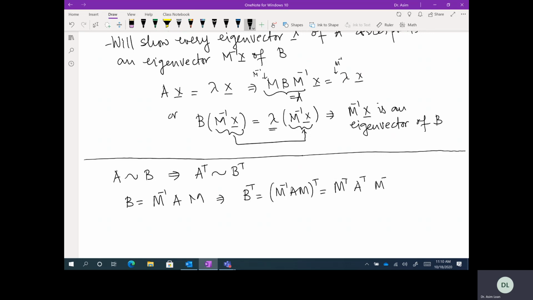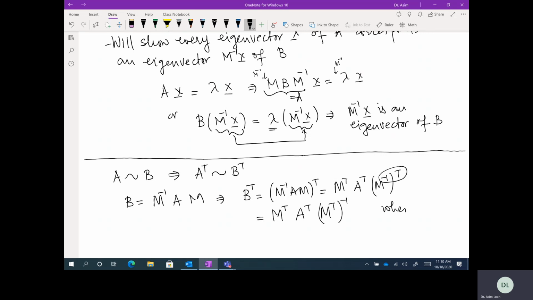So I can always interchange these two. So this becomes M transpose A transpose, M transpose whole inverse.